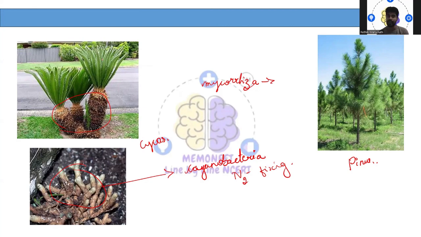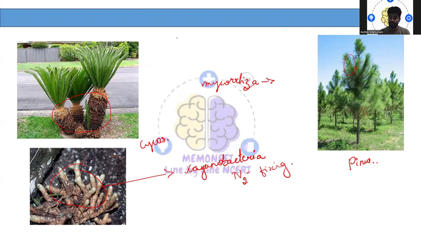As you have already seen the leaf structure of these plants, the overall adaptation of the plant is that they adapt to withstand extreme temperature, humidity, and wind. Okay, and what type of leaves are you seeing?